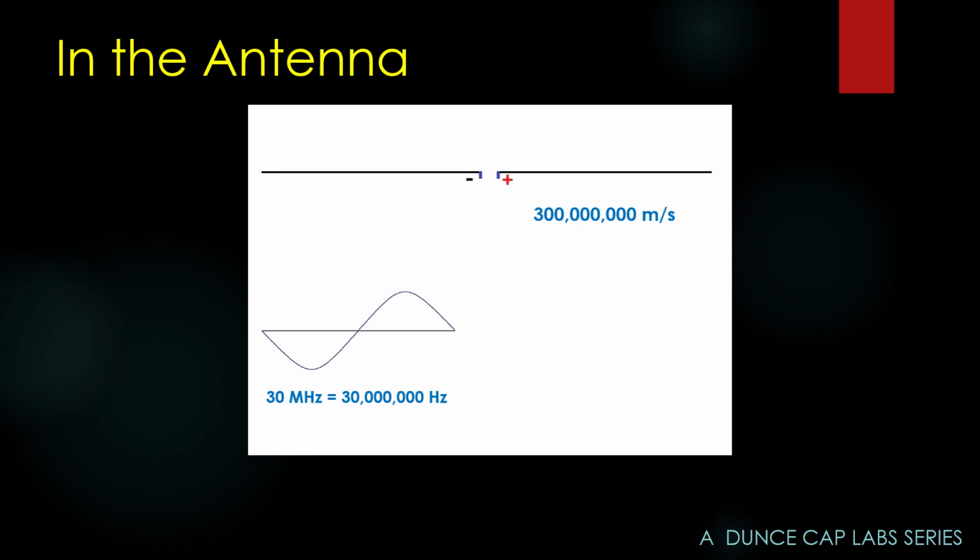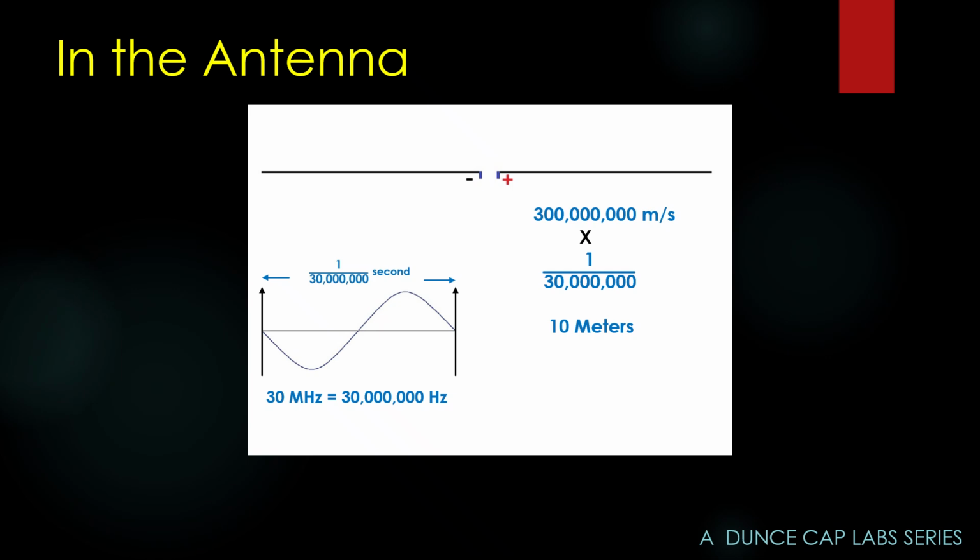Now, if I have 30 million cycles of the AC wave per second, my AC wave takes 1/30 millionth of a second to happen. 1/30 millionth times 300 million is 10. So in the time this cycle happens, the current has flowed 10 meters down the wire.